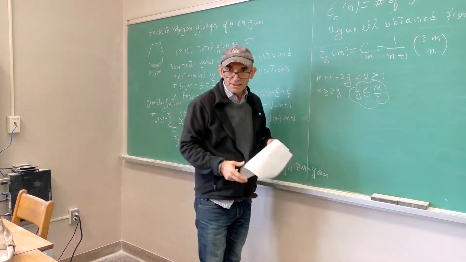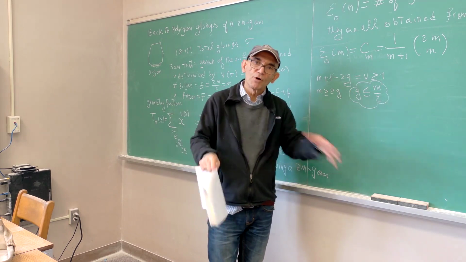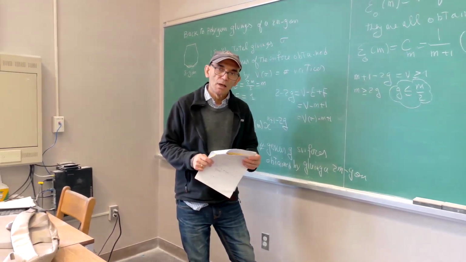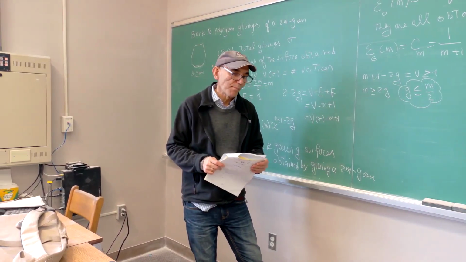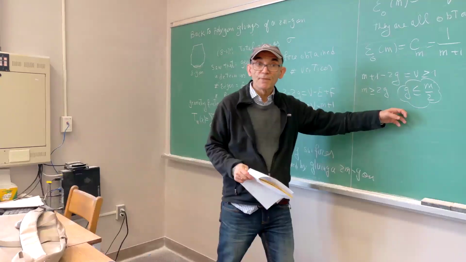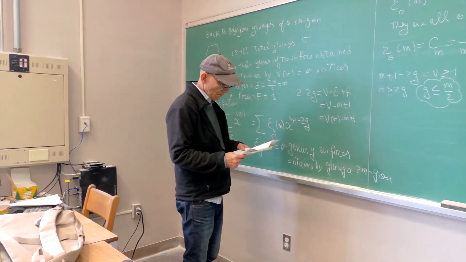So the genus of the surface that you obtain is at most a quarter of the number of edges of the polygon that you're gluing. That's easy.